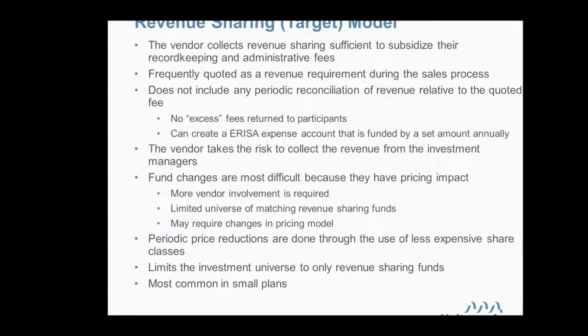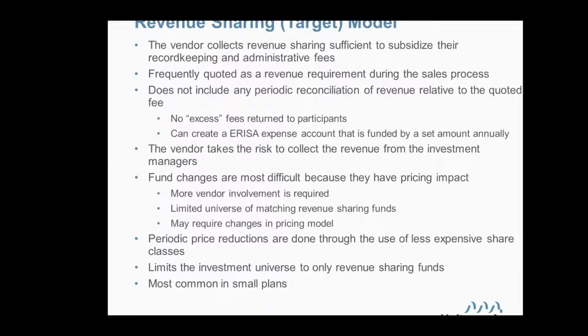So occasionally we'll see clients who will have the revenue sharing target model where the funds are all paying revenue sharing, and unfortunately you have to work with the vendor to make sure that any new funds have a revenue sharing requirement. If there's excess revenue, you may be able to negotiate that something gets put into a revenue credit account, or you may be able to add an explicit asset-based fee, such as 5 basis points on plan assets, that can be credited to an ERISA expense account and used for fiduciary expenses.